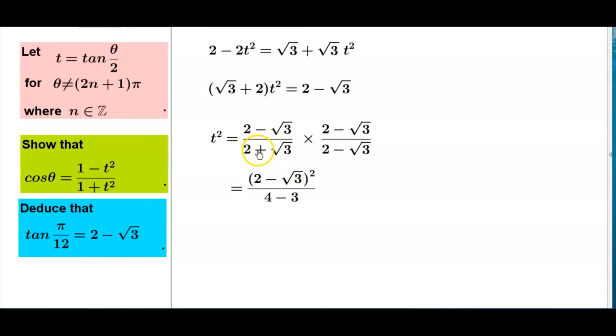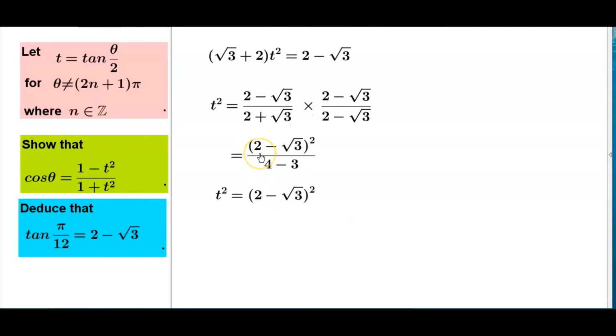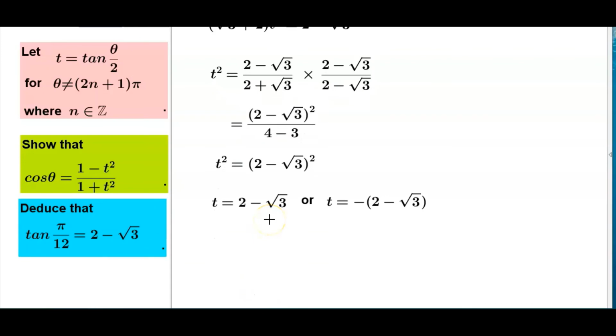The denominator, using (a plus b)(a minus b), is (2 plus root 3)(2 minus root 3), which is 2 squared minus root 3 squared, that is 4 minus 3. Therefore, t squared is equal to (2 minus root 3) squared over 1, so t squared is (2 minus root 3) squared. Therefore, t is equal to 2 minus root 3 or t is equal to minus (2 minus root 3).